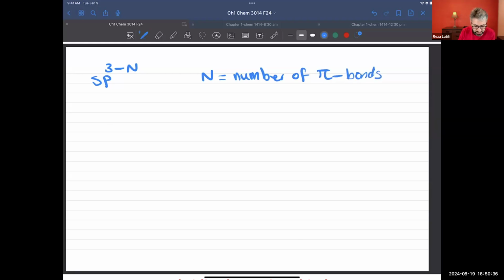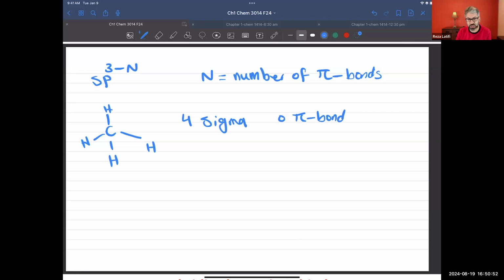For CH4, we had 4 sigma bonds and 0 pi bonds. So how do I get the hybridization for carbon? You will say sp3 minus n, and n we got equal to 0.